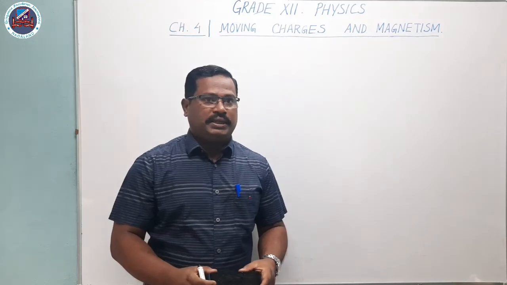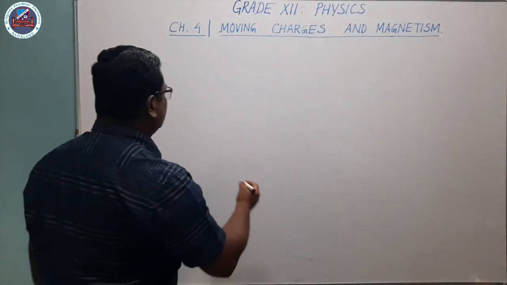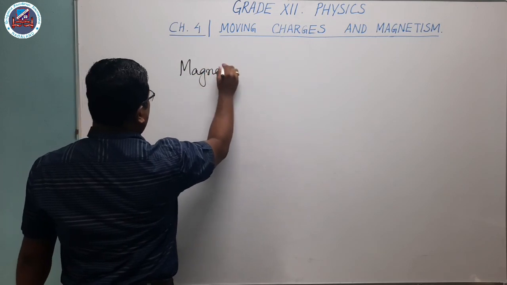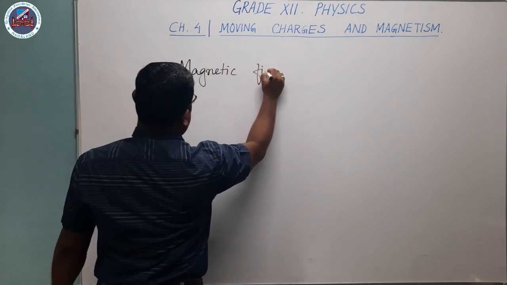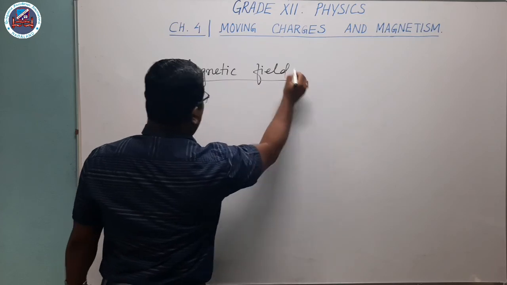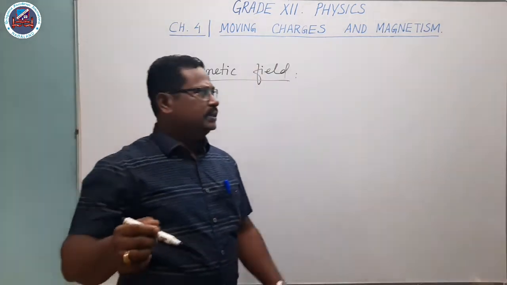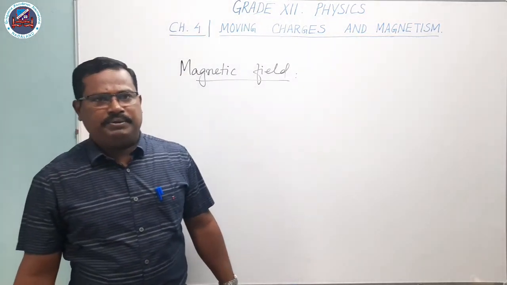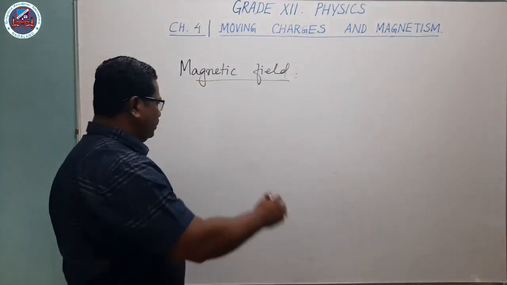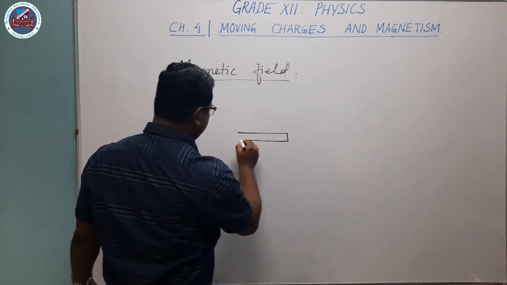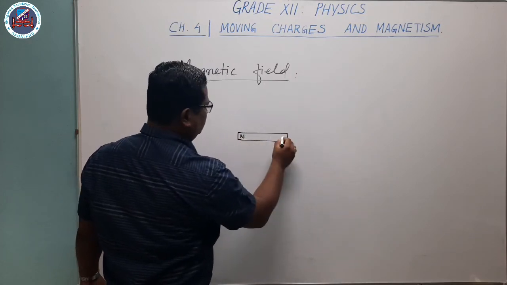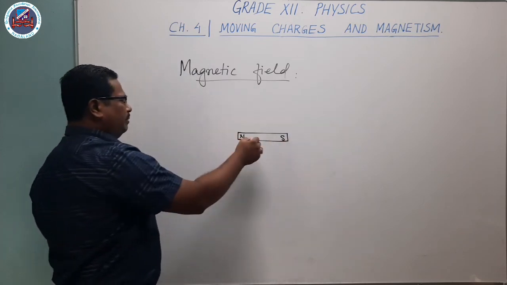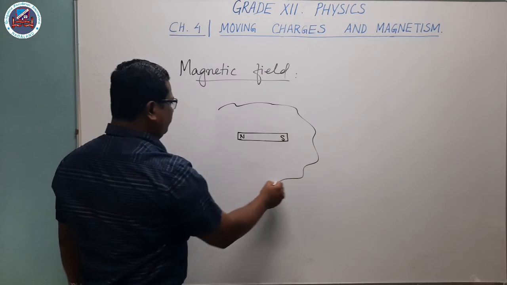Before we start the chapter, first of all, let us know what a magnetic field is. Magnetic field is a region or the space around which the magnetic effect can be felt. If you keep one magnet, then there will be a field region around the magnet where its effect can be felt.